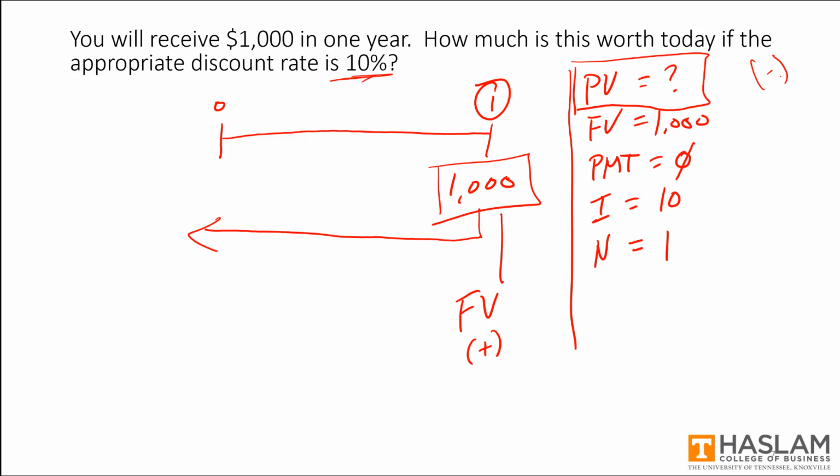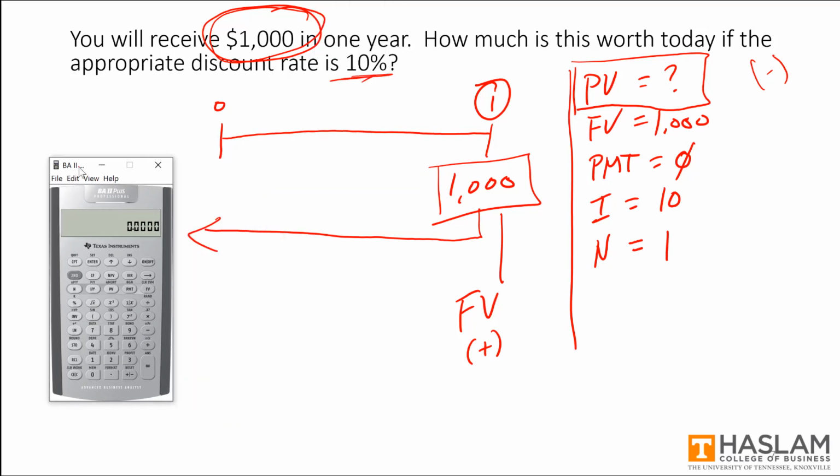Now, thinking about inflows and outflows in this particular problem, think about this $1,000 as money that's going to come into you 1 year from now. The only way for you to be entitled to receive $1,000 in a year is for you to pay something today. And so think of the PV as the investment into whatever this vehicle is.